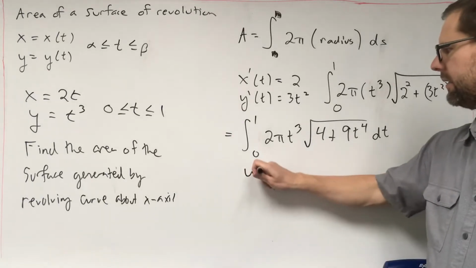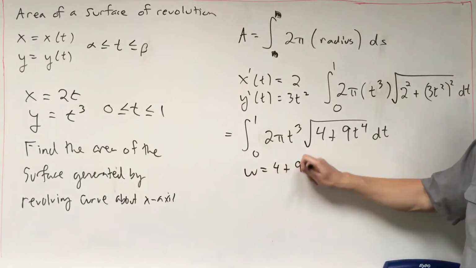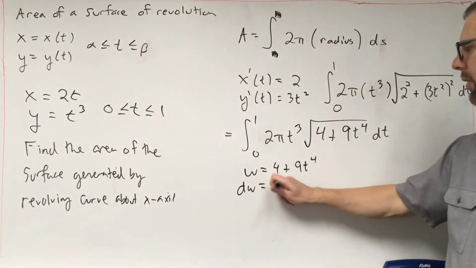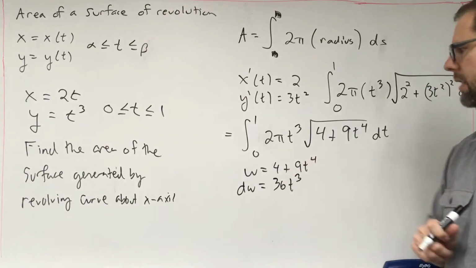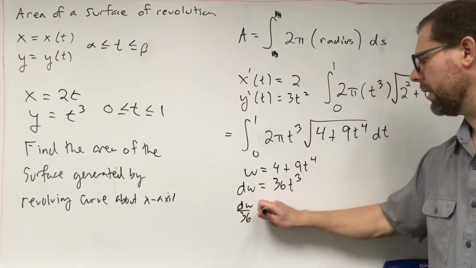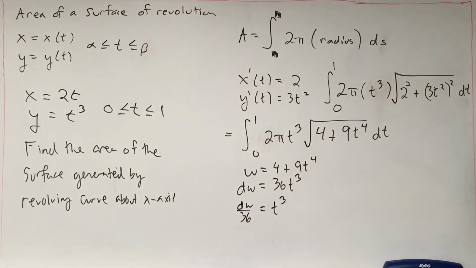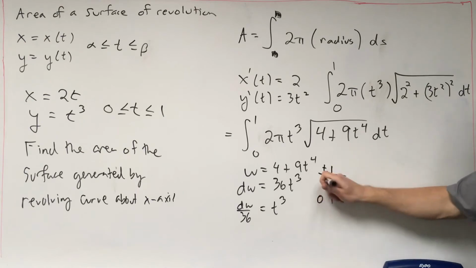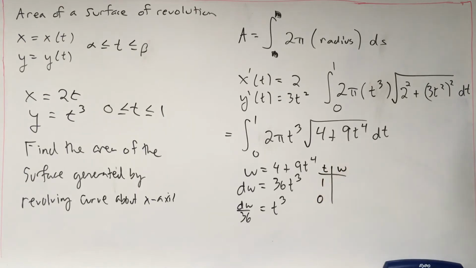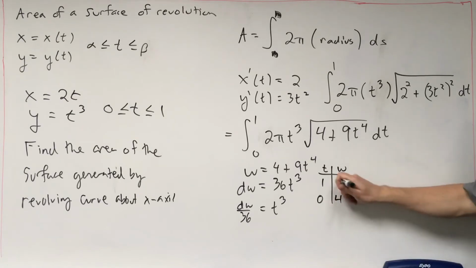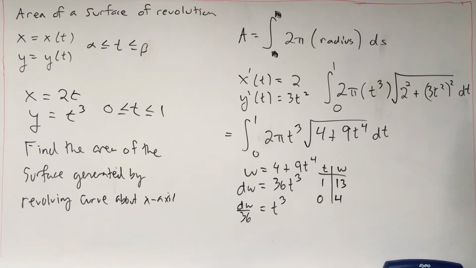So if we were to let w equal 4 plus 9t to the 4th, then dw would equal 36 t cubed. And so dw over 36 would be t cubed. And as t is ranging from 0 to 1, w then is going to be ranging from 4 to 13.